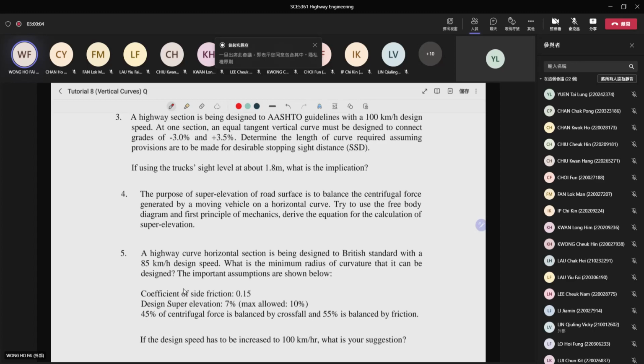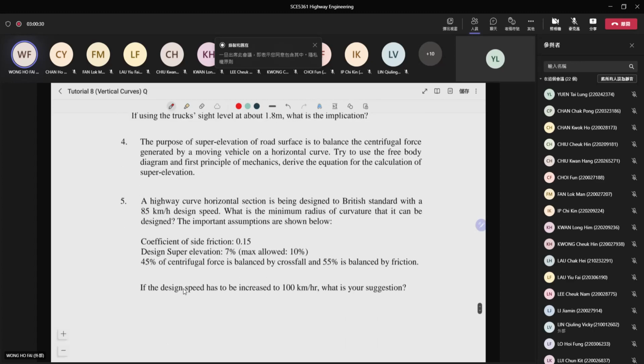Now maybe in the test or in the examination, I may ask you to derive an equation like that, and then you may do it from the first principles of mechanics. That means I've already done it for you in the notes. You may also try by yourself to start from zero and derive it by yourself.